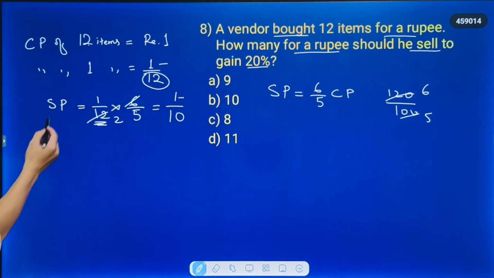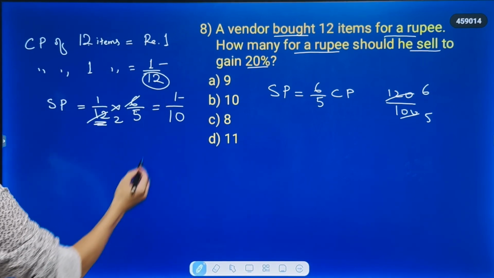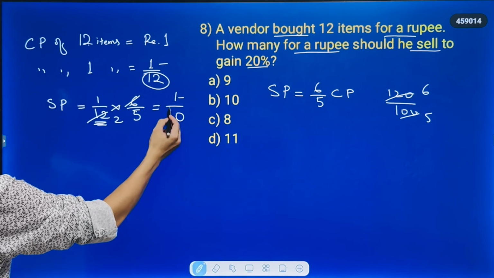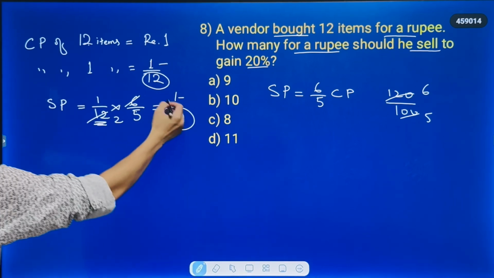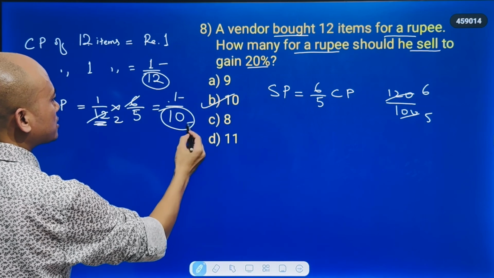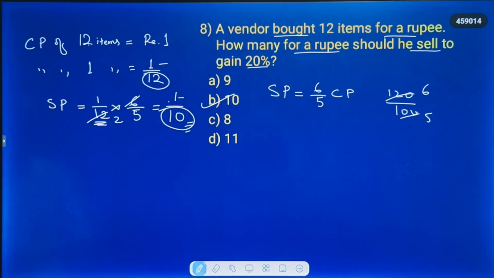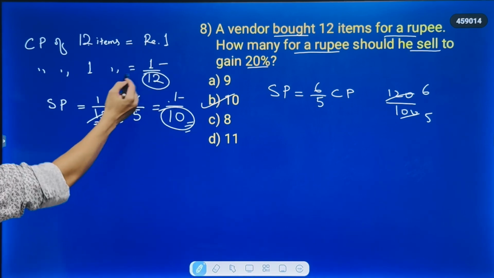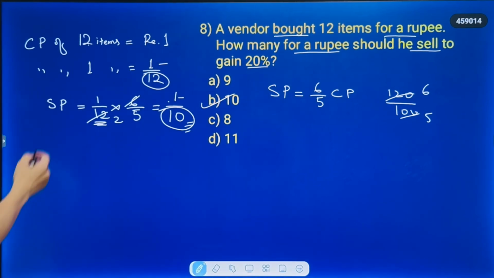Here SP is equal to 1 by 10. So for 1 rupee, we have to sell 10 items to gain 20%. This is the answer. For rupee 1 he is buying 12 items and for rupee 1 he is selling 10 items. This is the meaning of 1 by 10.